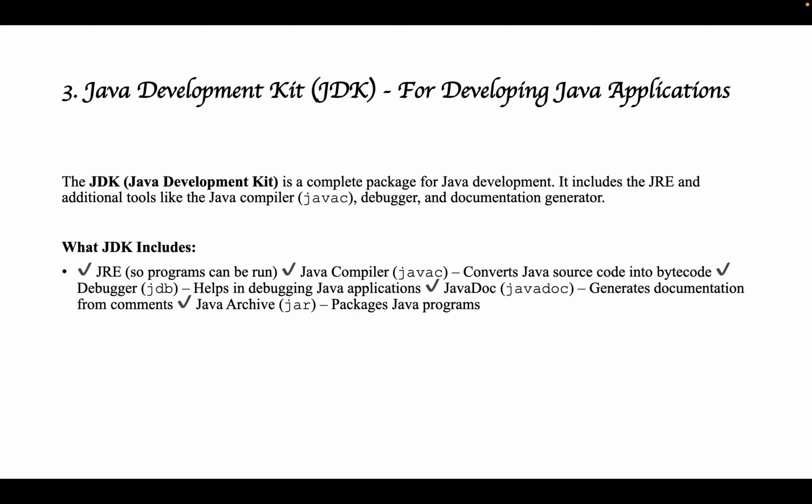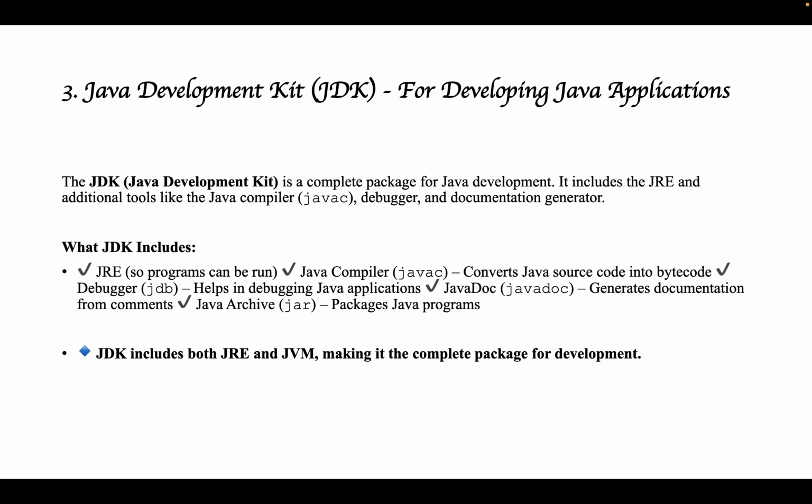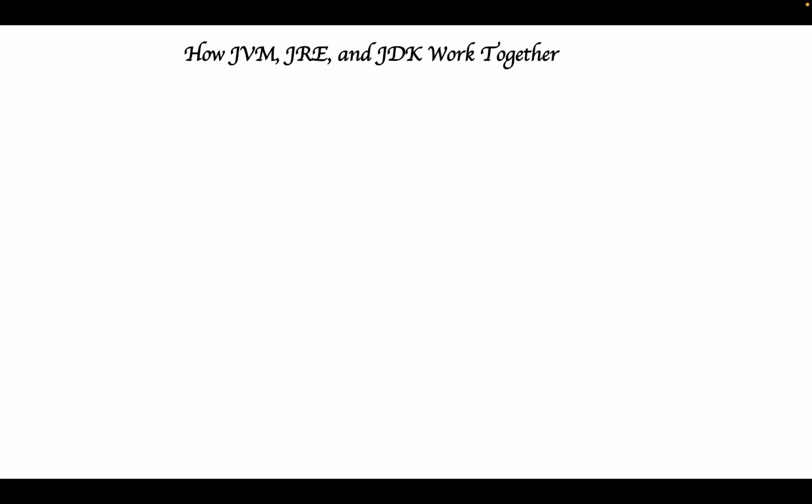When you are creating large programs, it is easy to combine them into a single file for easier deployment and distribution. JDK includes both JRE and JVM, making it the complete package for development. JDK includes everything: the JRE and JVM for running your program, and the tools for development. How do JVM, JRE, and JDK work all together, okay?